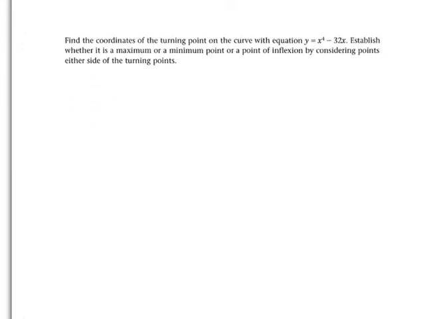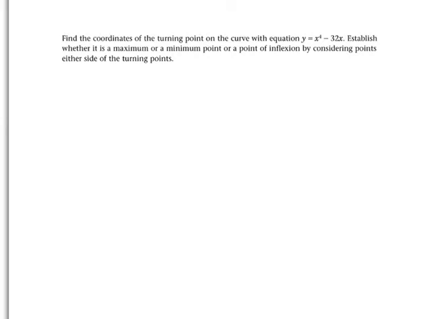So remember, to discover where the stationary points are, we need to first differentiate and set the differentiation, dy by dx, equal to 0, because the gradient at a stationary point is always going to be equal to 0. So first thing, we've got our equation y equals x to the power 4 minus 32x.